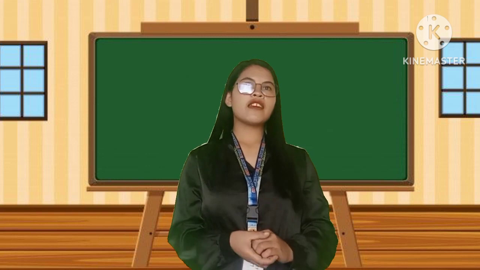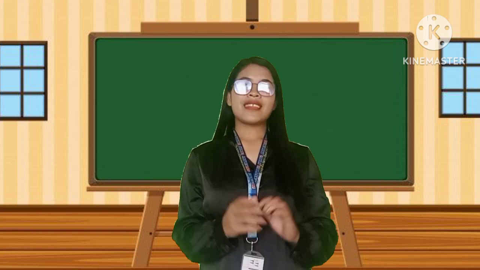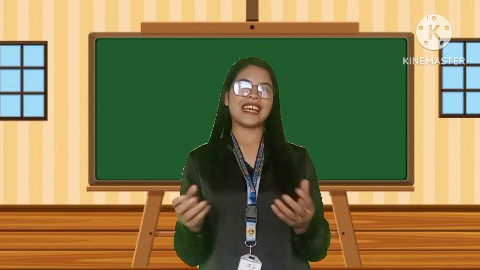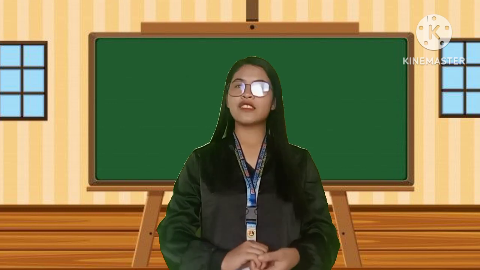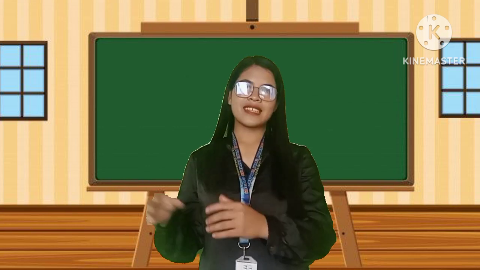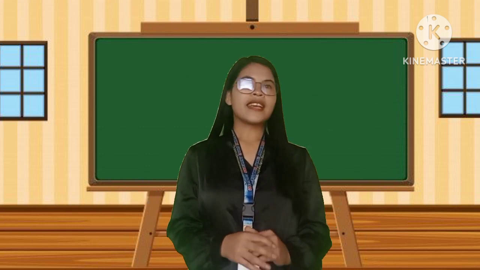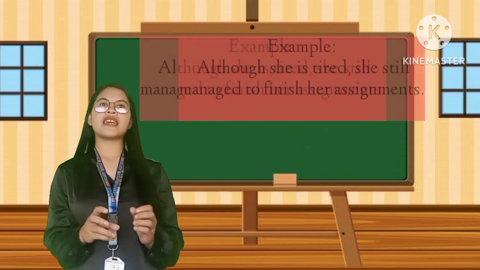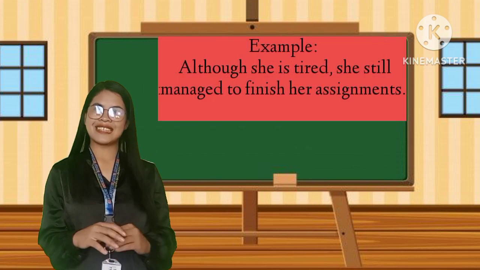Now, let me give you an example that has an independent and a dependent clause. Actually, it's a sentence. Let's identify where the dependent clause and the independent clause are. The example is, although she is tired, she still managed to finish her assignments.